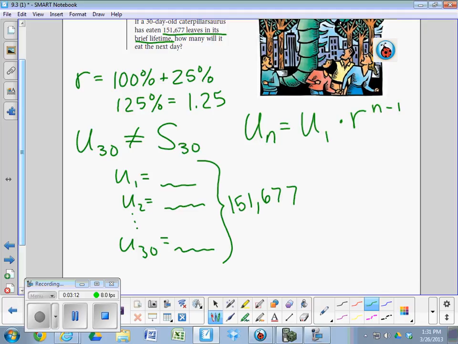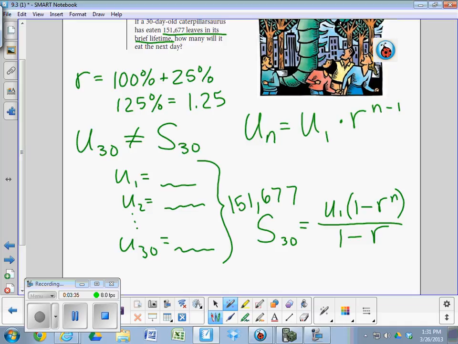This is a ridiculous problem, but let's keep going anyways. Are you ready? So that is my S30. What formula did we learn yesterday for finite, partial, same thing, geometric? Now, what's this part of the formula? That was the infinite geometric that we learned in the last section, right?